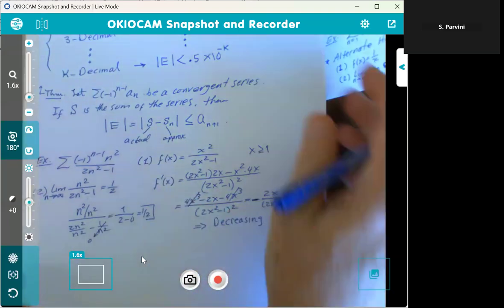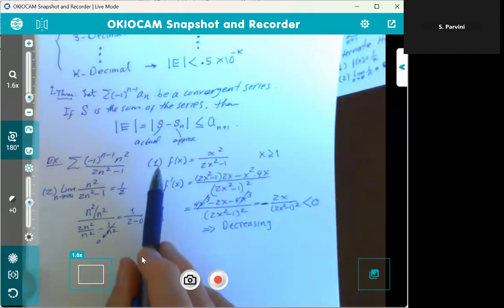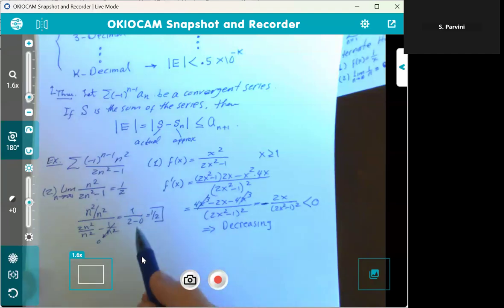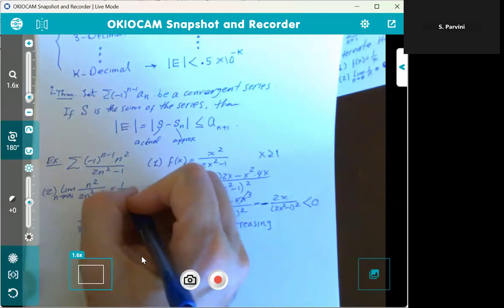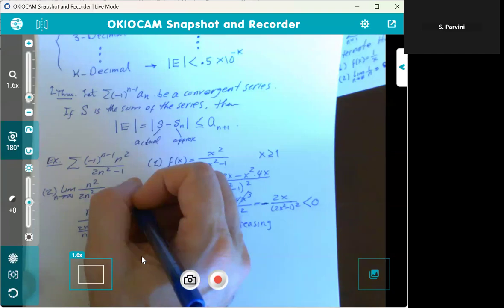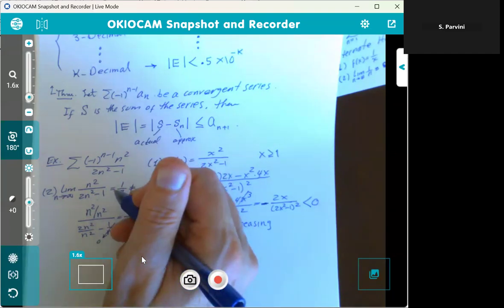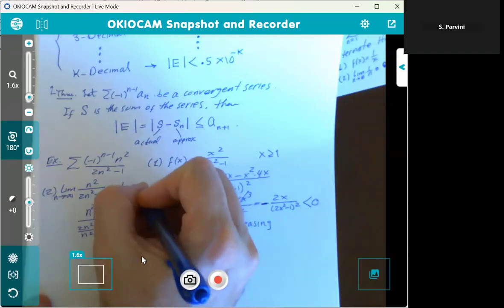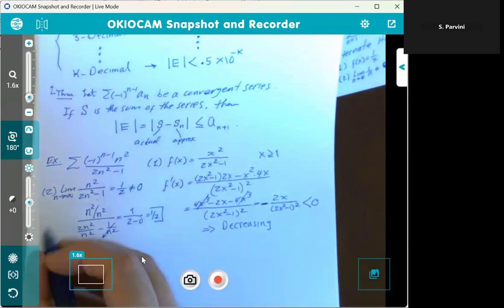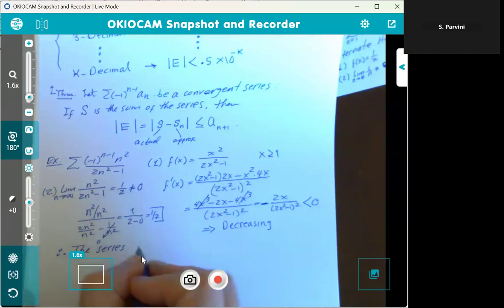So however you do this, for this one, we showed number 1 is satisfied. Item number 2, the limit has to be 0. This one is not satisfied, right? So for this example, this limit is not 0, therefore the series diverges.